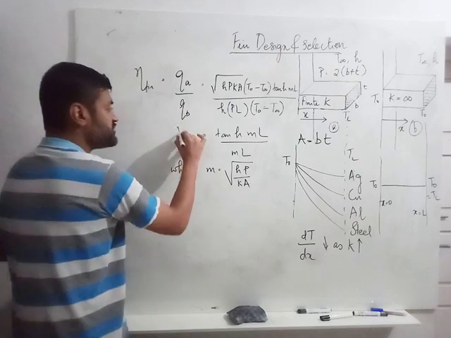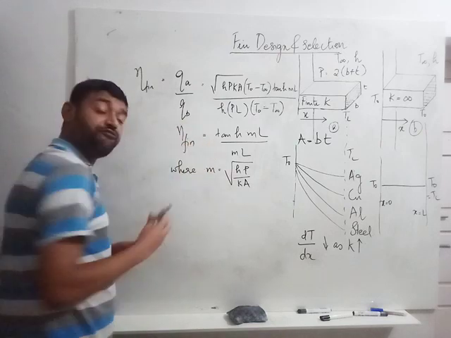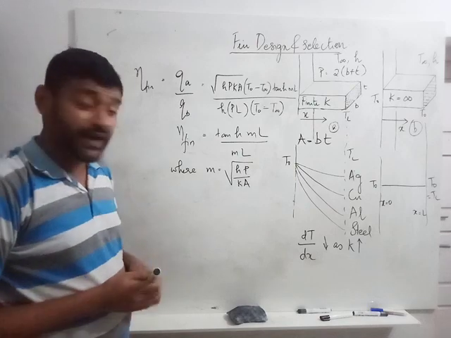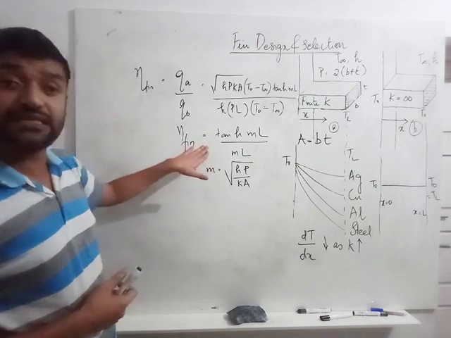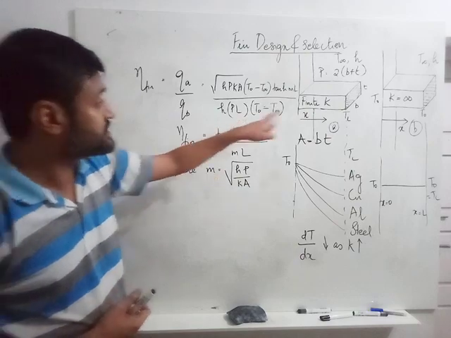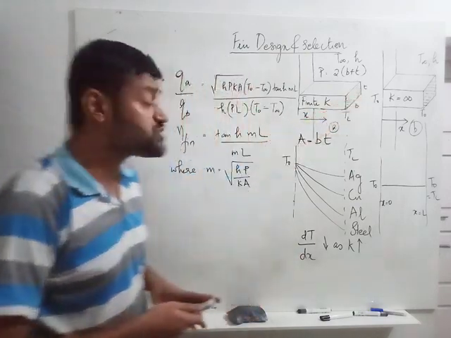Now this is the expression for the fin efficiency if my fin tip is insulated and the fin is of finite length. Here I have considered a fin which has its tip insulated.